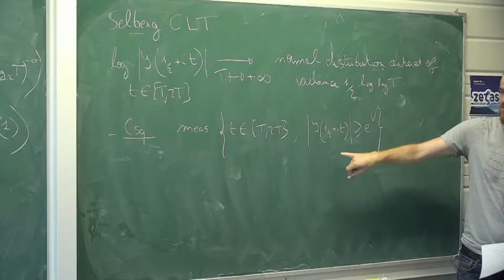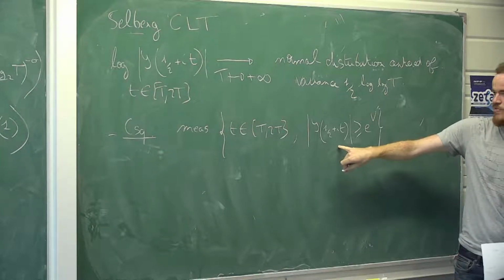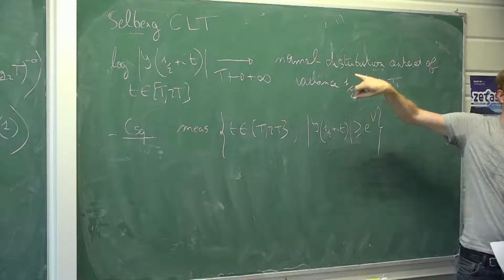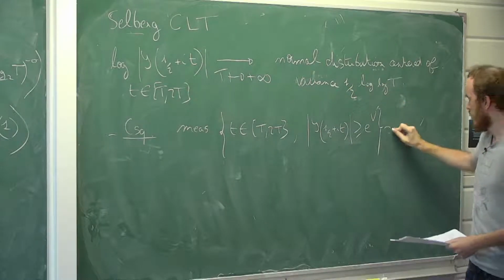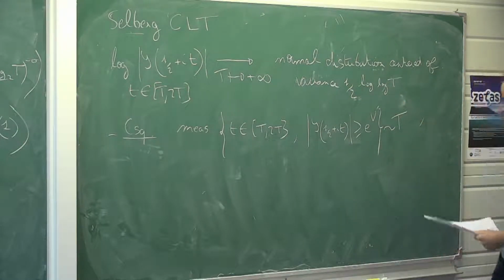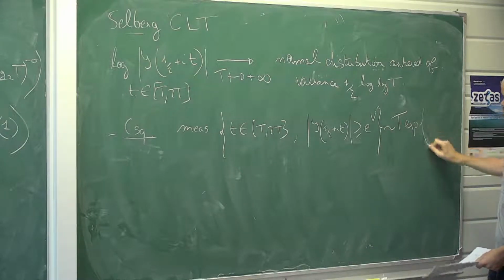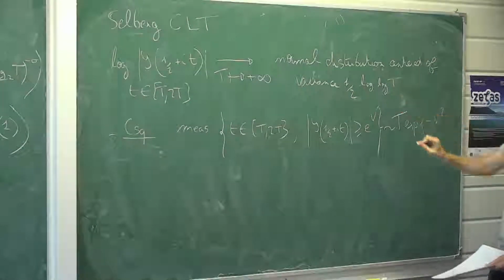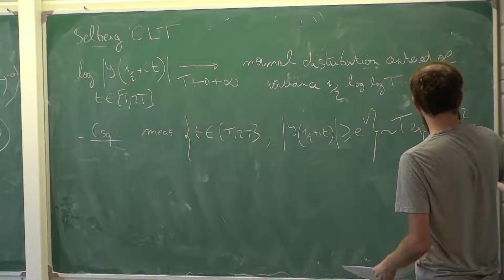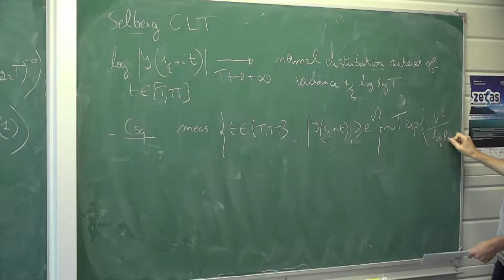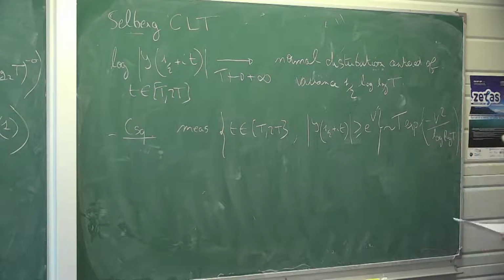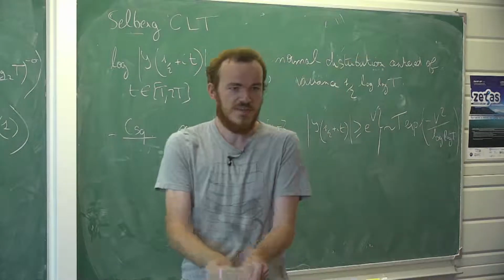So we have precise information. We know that this behaves like a normal distribution. So this is the size of the interval times some exponential, where here you have a variance. This is for fixed v, and we make t go to infinity.